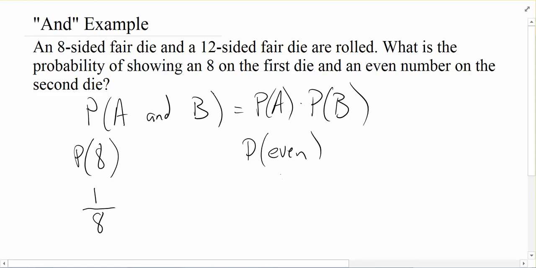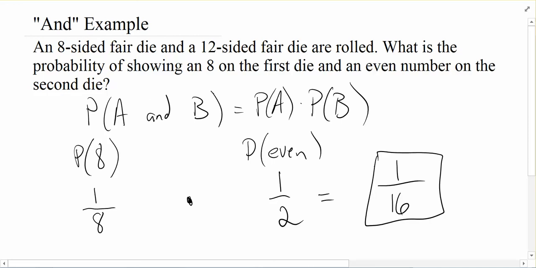And so the probability of getting an even number is 1 in 2. So if I multiply these numbers together, 1 times 1 is 1, 8 times 2 is 16. So there's a 1 in 16 probability of this happening, of getting an 8 on the 8-sided die and an even number on the 12-sided die.